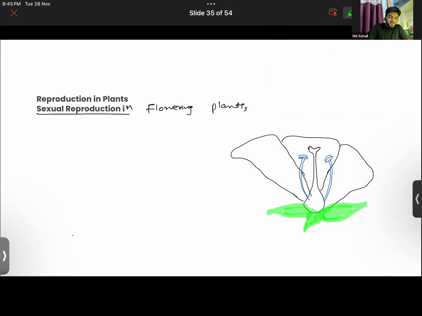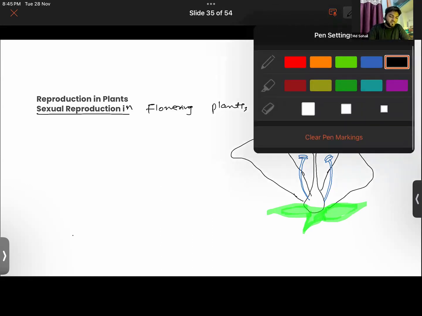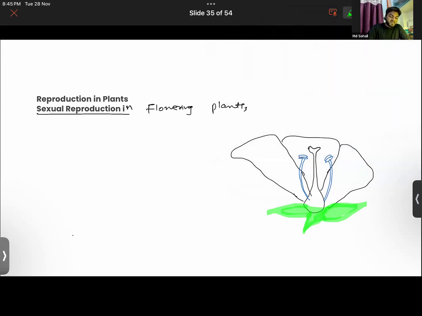You guys have already studied monocots and dicots, right? Monocotyledons and dicotyledons. While I'm completing the drawing of this diagram, can you tell me what the characteristics of monocot and dicot plants were, not just in regard to the seed, but in regard to other parts of the plant also?